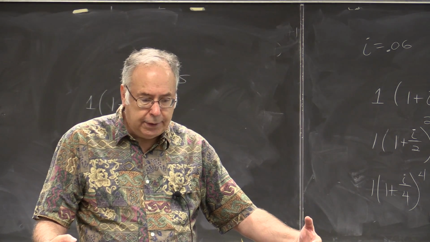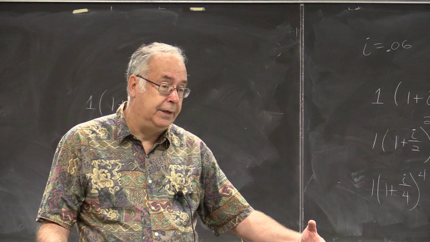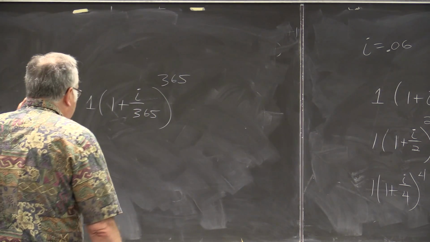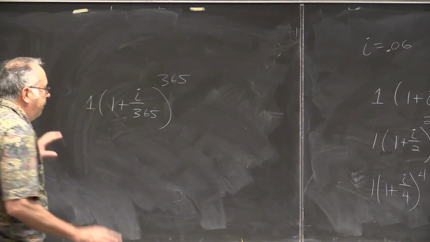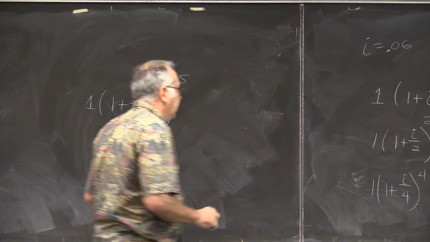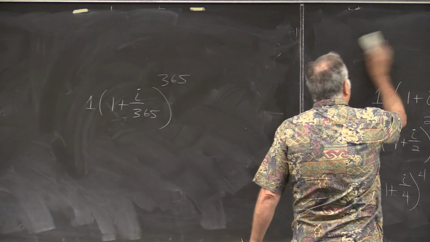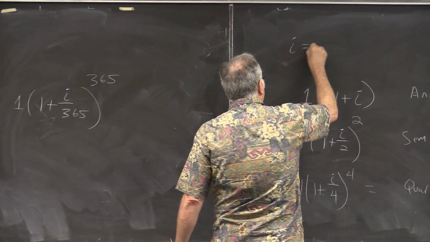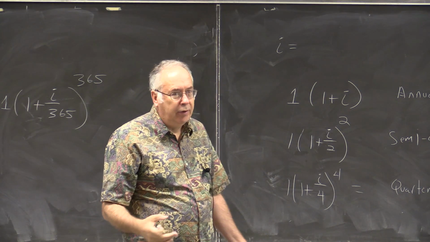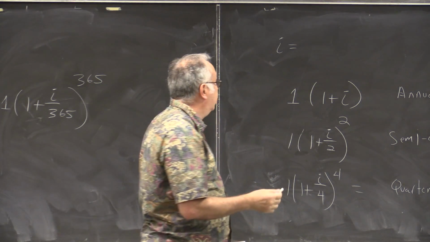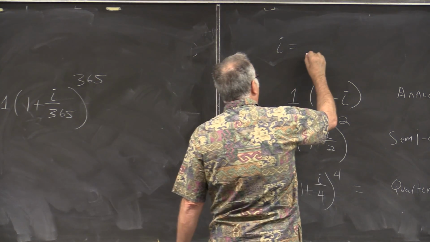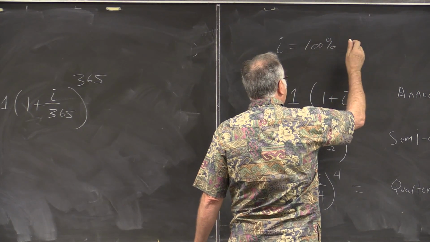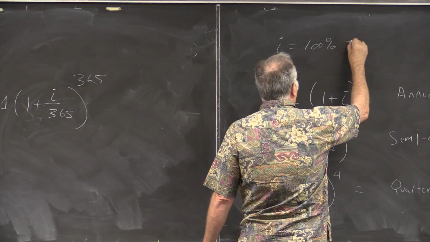Continual compounding would just be compounding every instant of time. So in other words, what does this remind you of? Suppose I change this I to 1, this would be a credit card company you would not want to do business with. Suppose they set the interest rate at 100%, annual compounding, or 1.